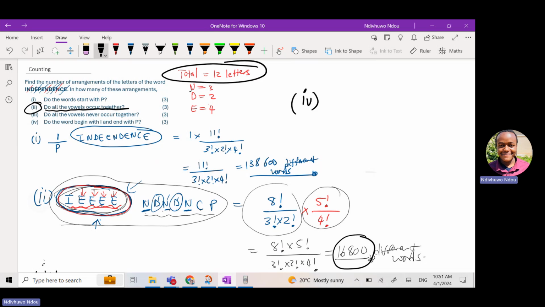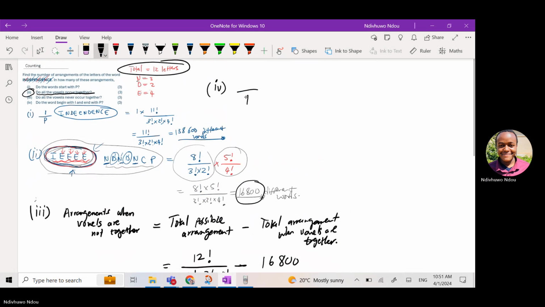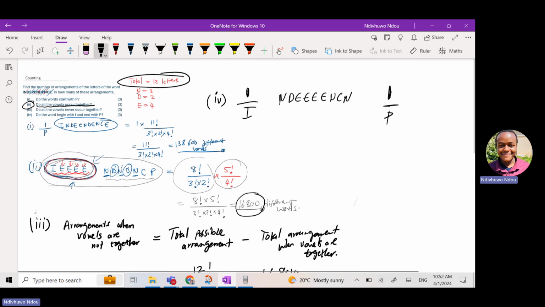Okay, so if the word must begin with an I, there's only one way, that is to put I there, and it must also end with P. There's one way at the end, that is put P. Then the rest of the letters N, D, E, E, E, E, N, N, can be arranged anyhow, right?